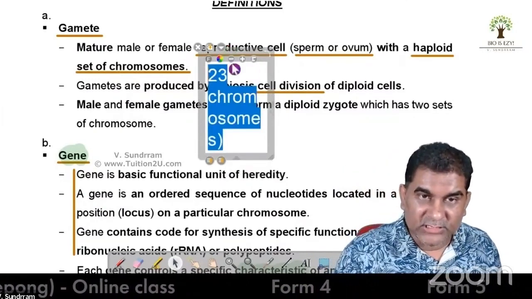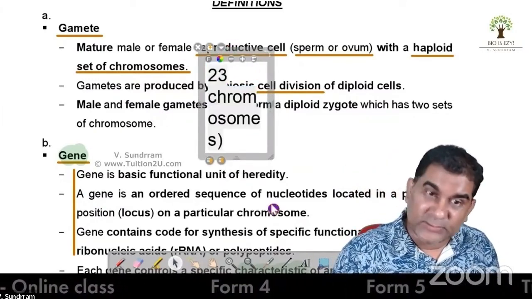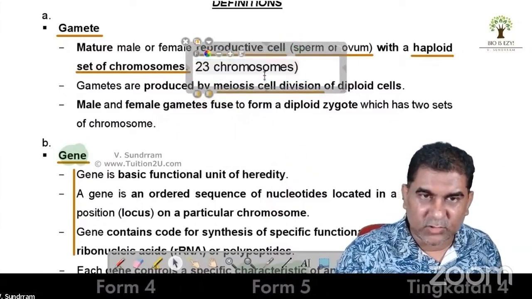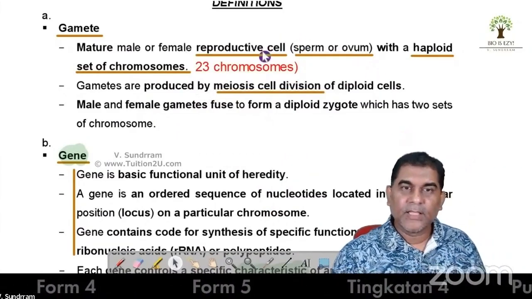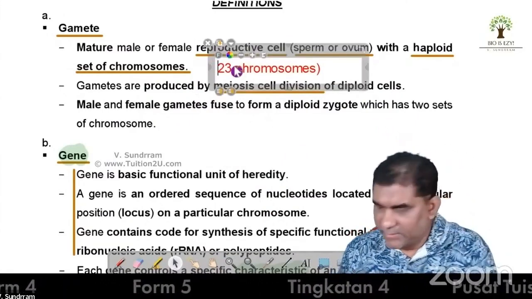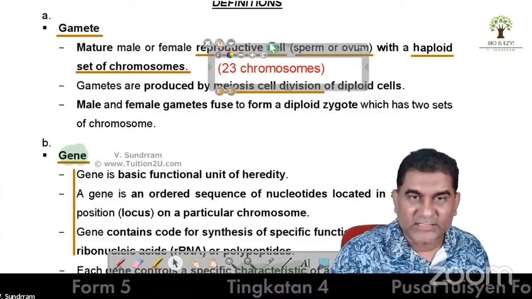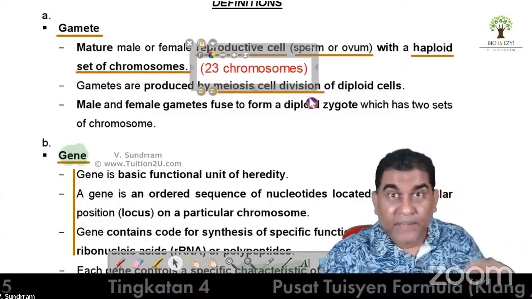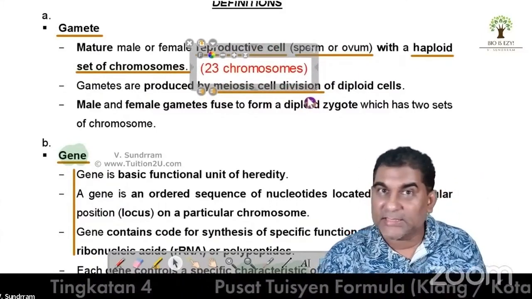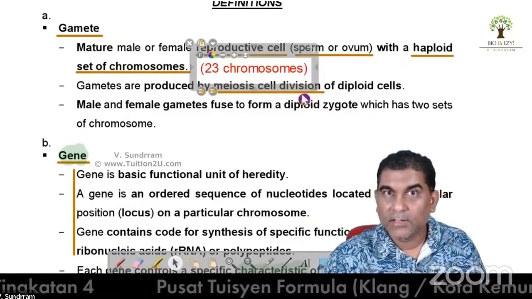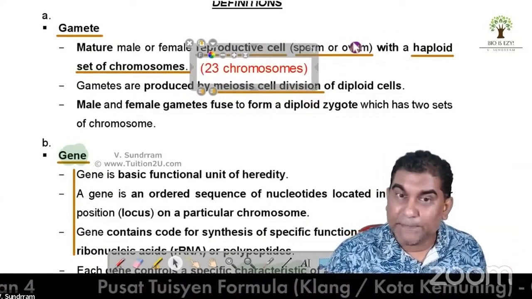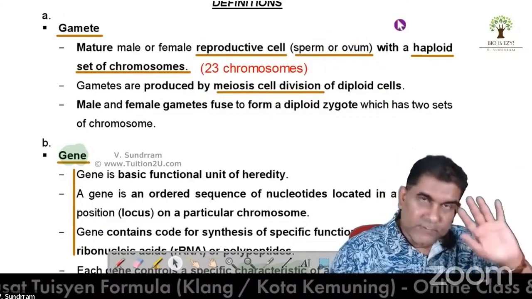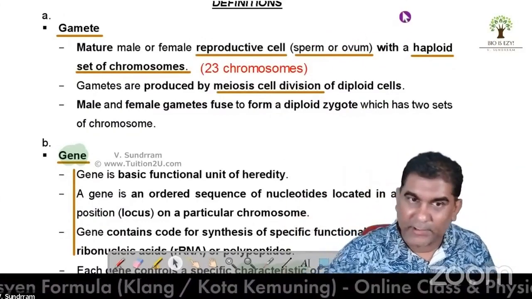Different species, different numbers. That is the meaning of haploid set. Haploid means one set. The 23 might be maternal, might be paternal. The sperm has 23 paternal, the ovum has 23 maternal. Sperm is haploid, ovum is haploid.